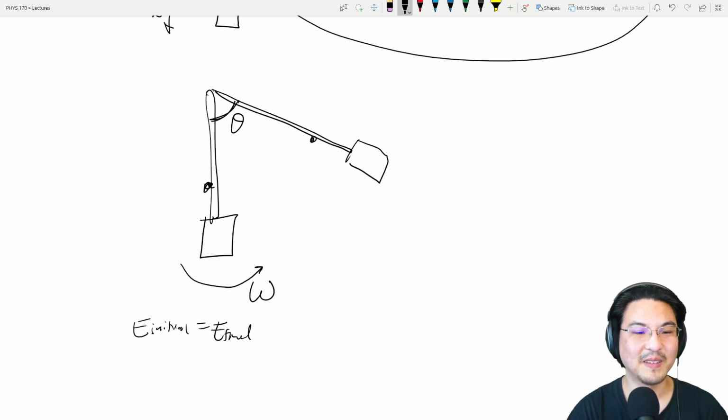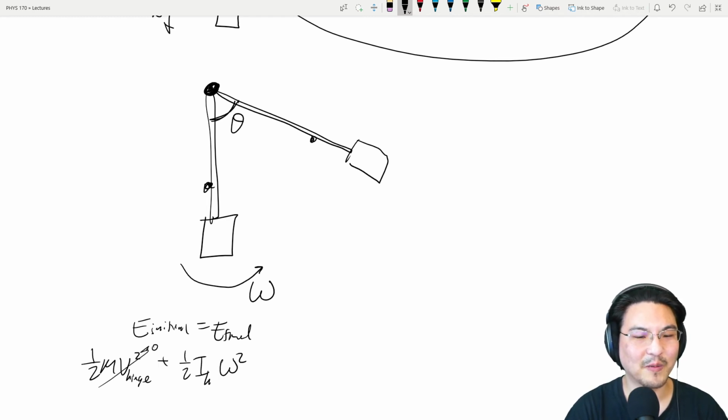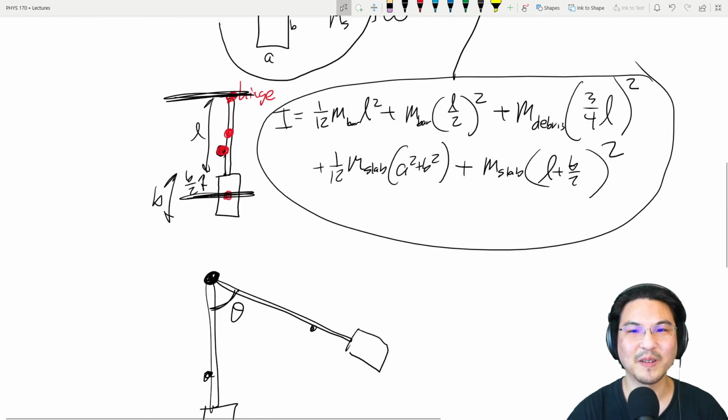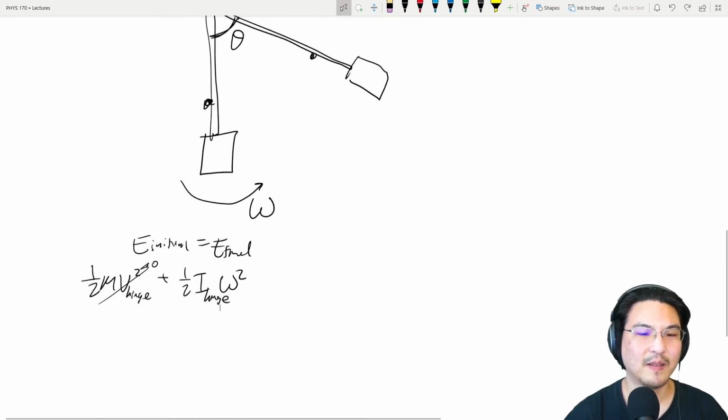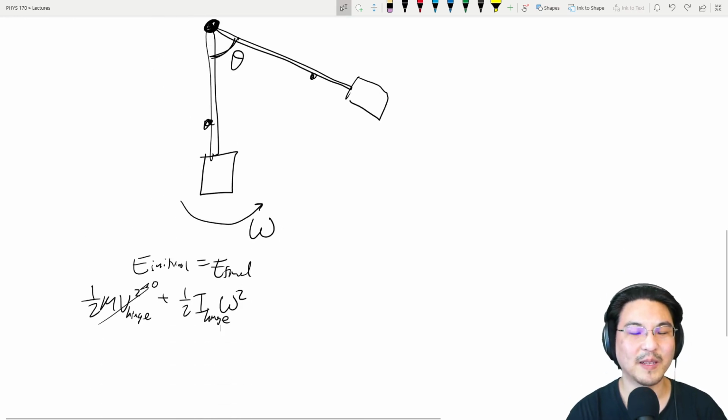So initially, about the hinge, 1/2 m v squared for the hinge, which is 0, right? Plus 1/2 I omega squared for the hinge, which we just solved right here. And then that's kinetic energy.